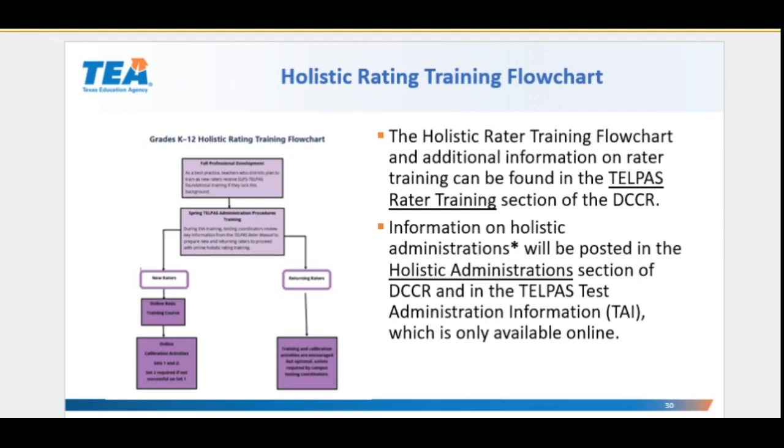Raters successful on the first set do not calibrate further. Only individuals who do not rate accurately enough on the first set will complete the second set. Individuals not successful in the second set will either not be used as raters, a district decision, or will be provided rater support in accordance with test administration regulations.